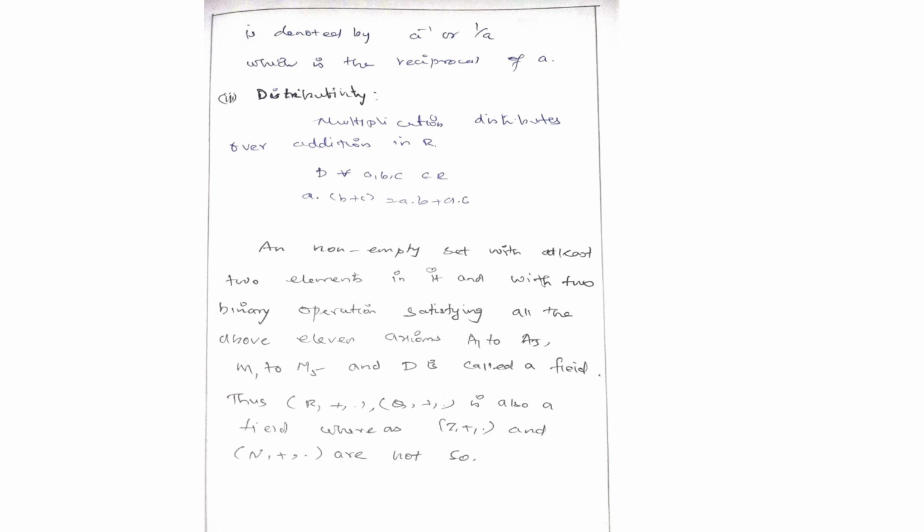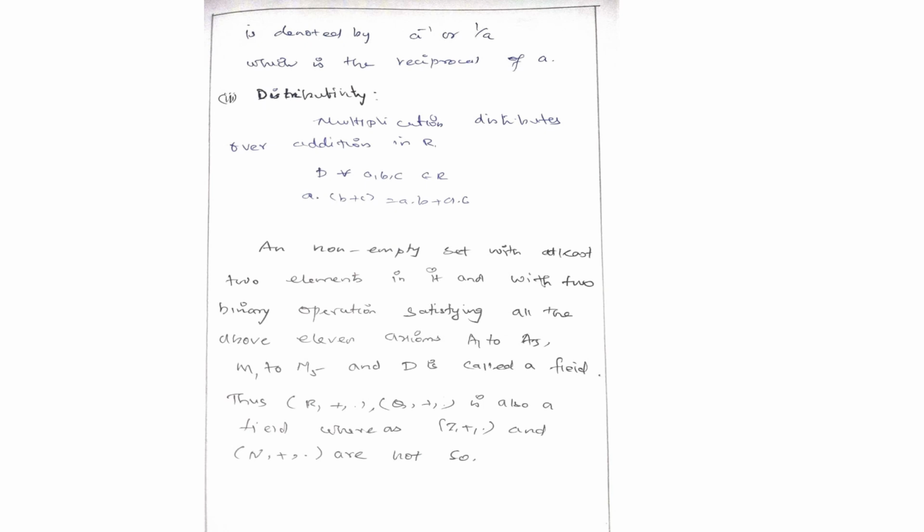Then one more is the distributive law. Distributive means multiplication distributes over addition in R. Here we are doing multiplication and addition at the same time. For all a, b, c belongs to R, we are taking three real numbers a, b, c from the set of real numbers. a dot into b plus c equals a dot b plus a dot c.